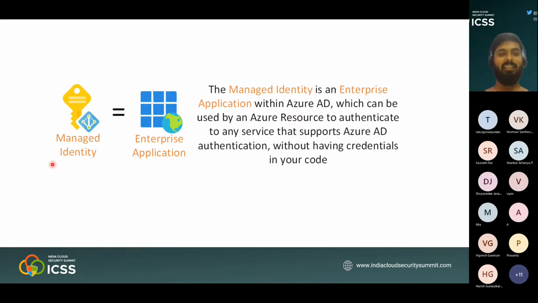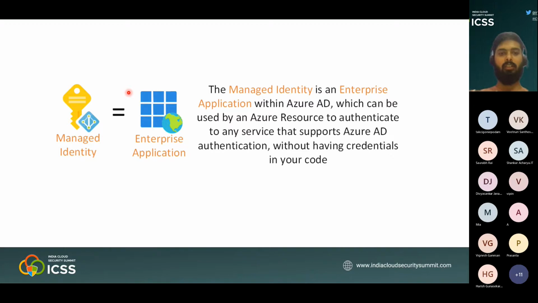So basically, this is for services, whatever services you're using. Maybe if you enable a managed identity for your app service, your app service will have an identity within your Active Directory. And if you want to provide your app service access to a SQL database, you can tell the SQL database, okay, this is the app service and this is the identity associated with it, and it can communicate with you with whatever level of role-based access control.